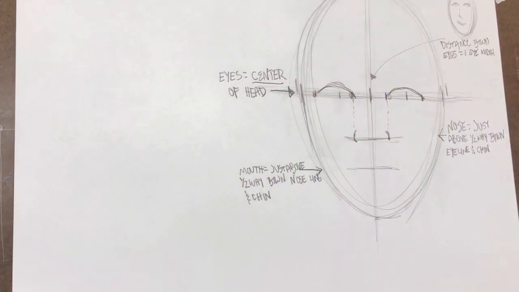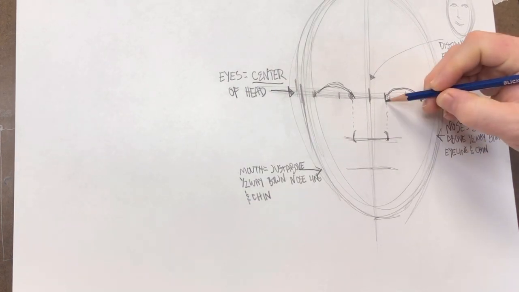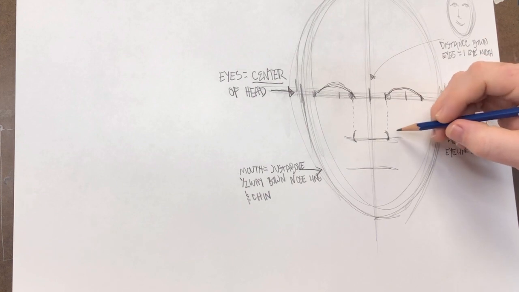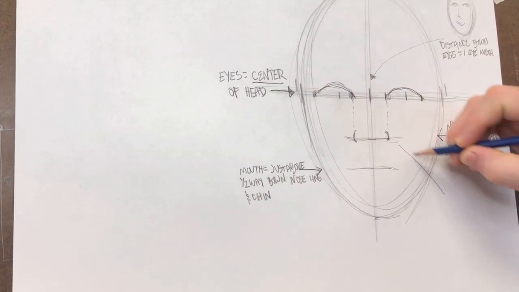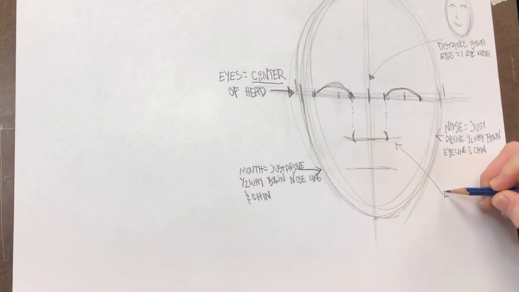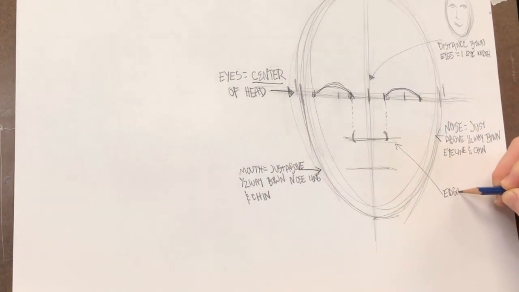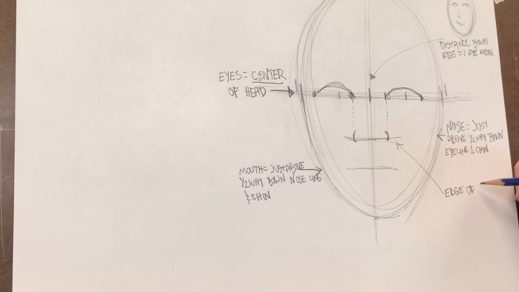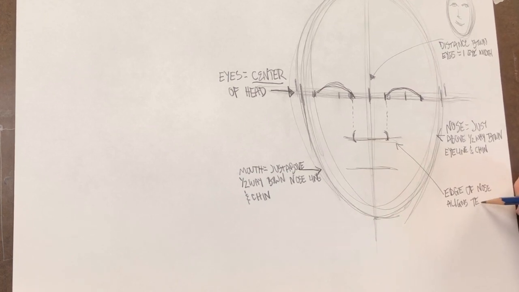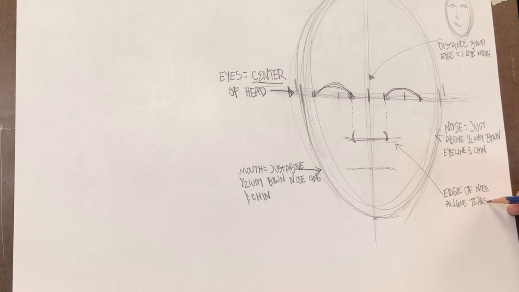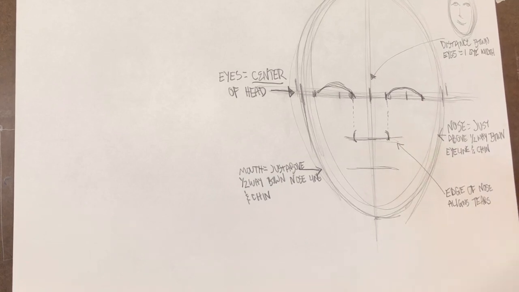Some people can have noses that are a little more wide or a little more narrow, but on average, the edge of the nose aligns to the tear duct. So I'm going to draw a little arrow out here. Write this note down: edge of nose aligns to tear duct. And that's why we have to get the eyes right. If we don't get the eyes right, everything else falls apart.